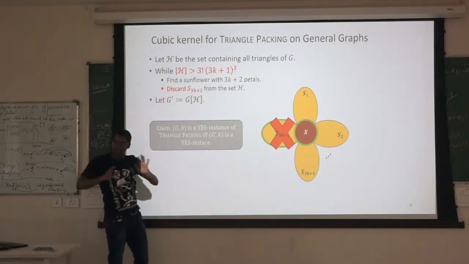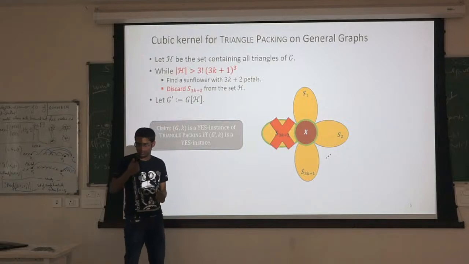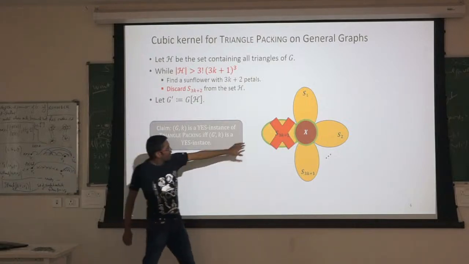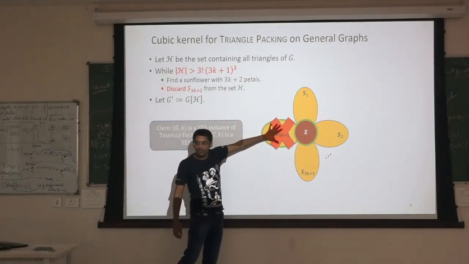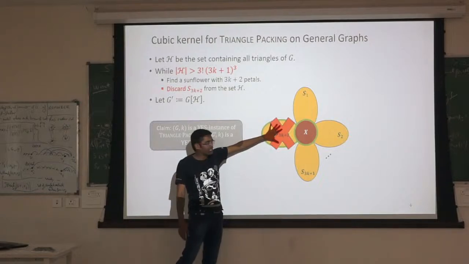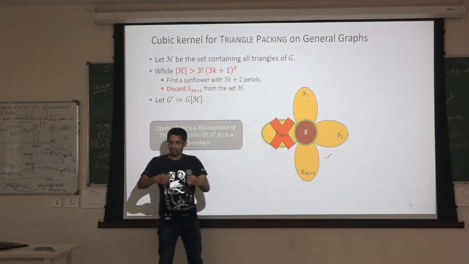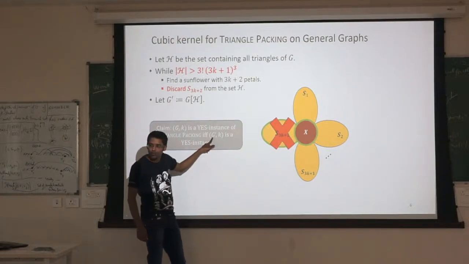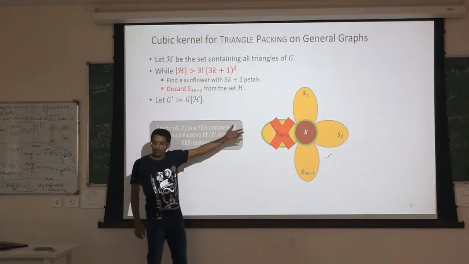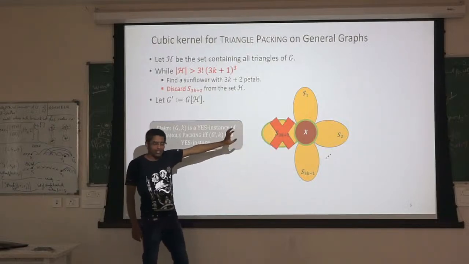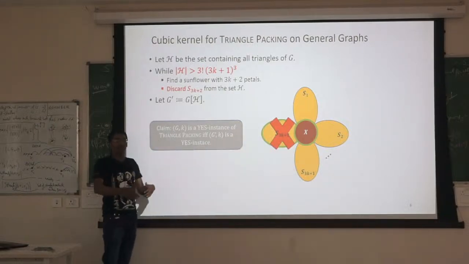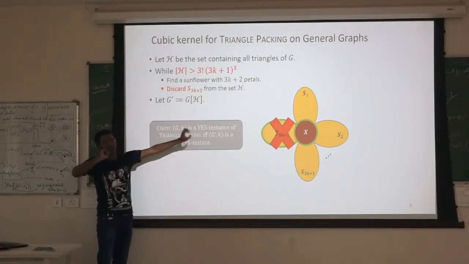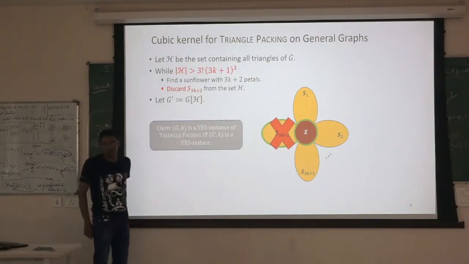But I will give you the correctness for one petal removal of the sunflower, and that implies the correctness in general, since you can assume an intermediate graph G1, and once you remove one triangle it is yes, and so on. So let's assume that we just remove one thing in this while loop.